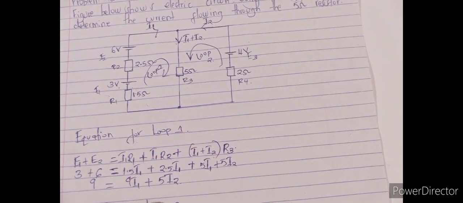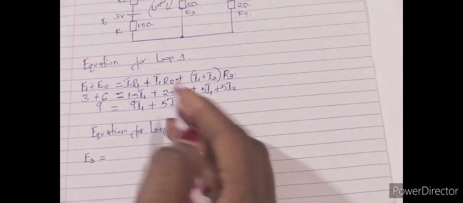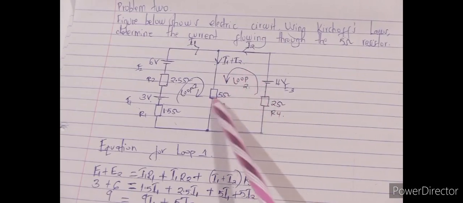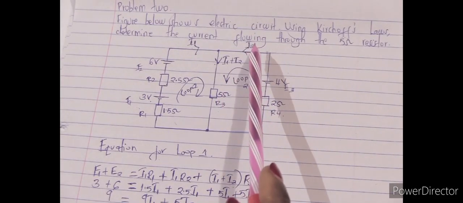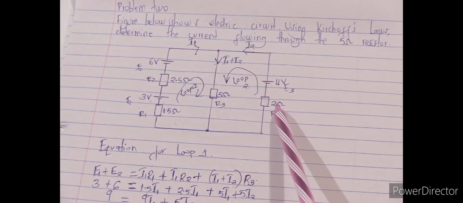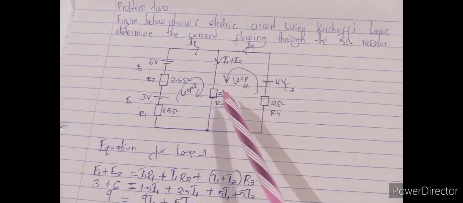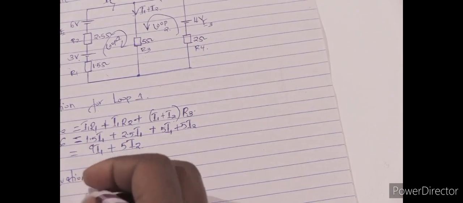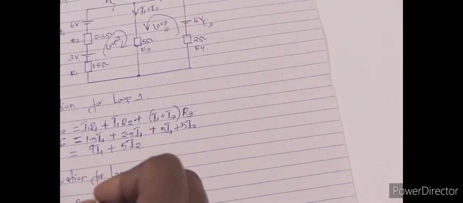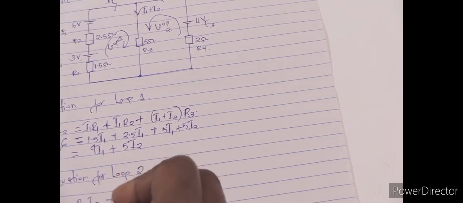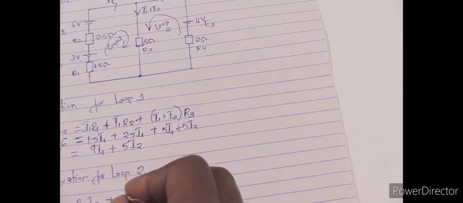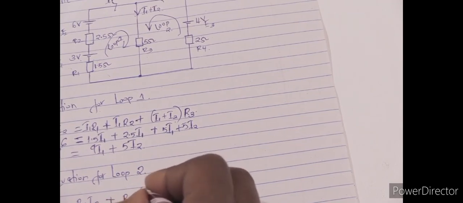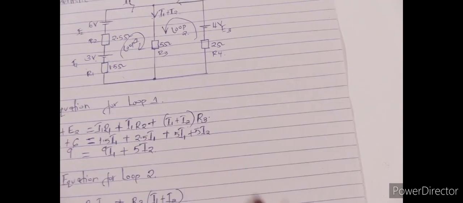So we have E3 is equal to, remember we are moving anti-clockwise. The first resistor is this one, and the current flowing through it is I2. And then the next resistor is this one, and the current flowing is I1 plus I2. So we have R4 I2 plus R3 into bracket I1 plus I2.